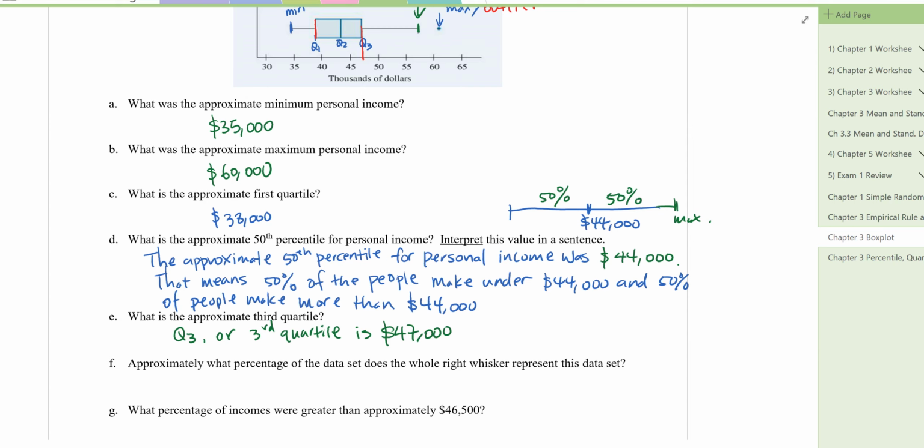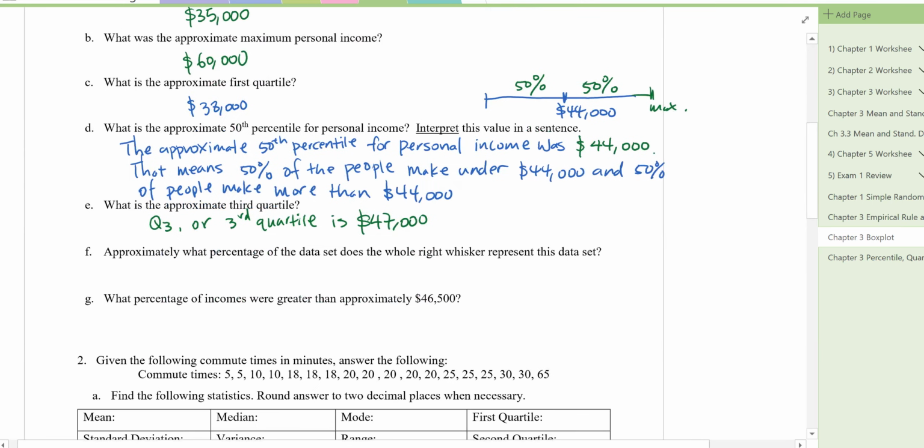And let's look at the next one. Approximately what percentage of the data set does the whole right whisker represent? The whole right whisker is this part of the boxplot here. Note that the four quartiles divide the data into 25% each. So let me draw it.